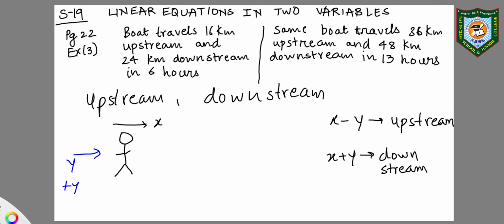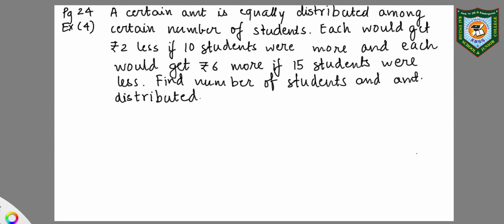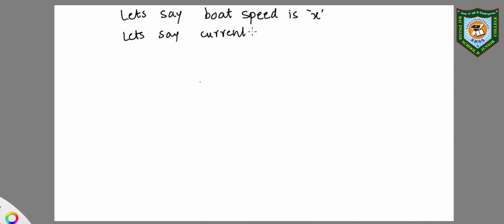So now back to our example, we have a boat traveling 16 kilometers upstream. So let's say that the boat speed is x and let's say the current speed is y. Now this is my river.